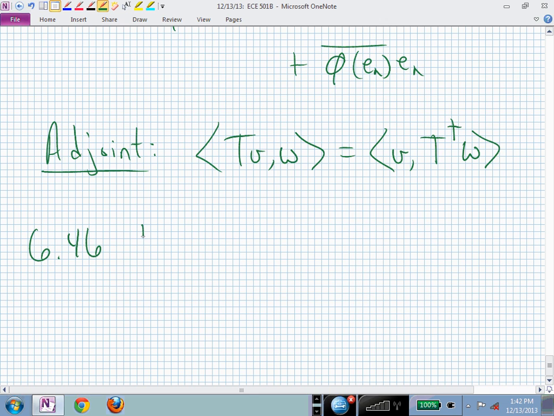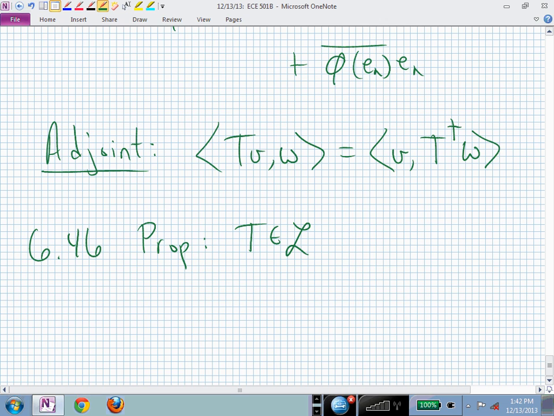Then near the end of chapter 6, it gave us a proposition that allows us to equate certain properties of these two operators and their respective subspaces.